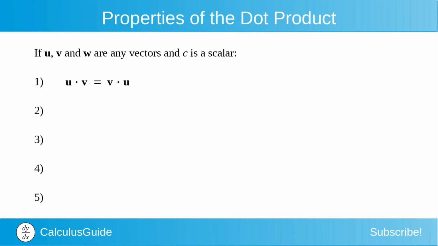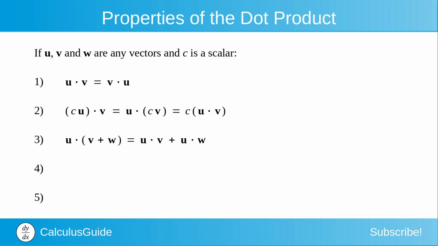The dot product has the following properties. If u, v, and w are any vectors and c is a scalar, then u dot v is equal to v dot u. cu dot v is equal to u dot cv, and this is equal to c multiplied by the result of u dot v.